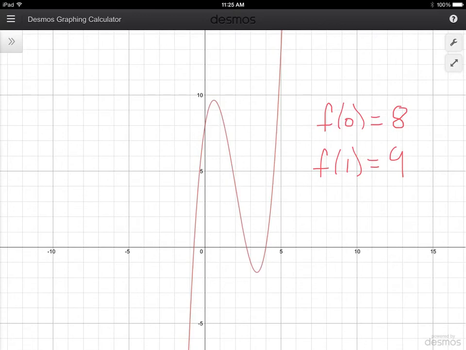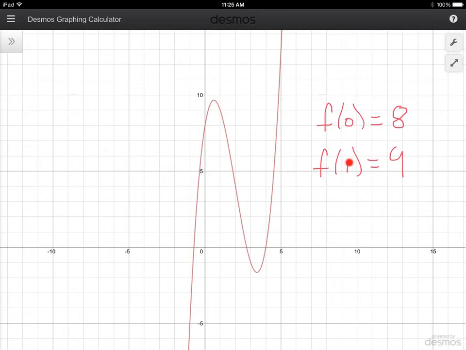Okay? So again, this theorem is talking about when you pick random values of x and plug them in, what's going on with the y values. Okay? So for instance, like the two that we just chose here, 0 and 1, they both produce positive y values. They're both up here somewhere. Okay, so you're never going to cross the x-axis with both positives.